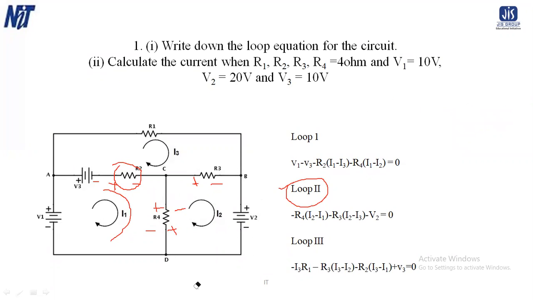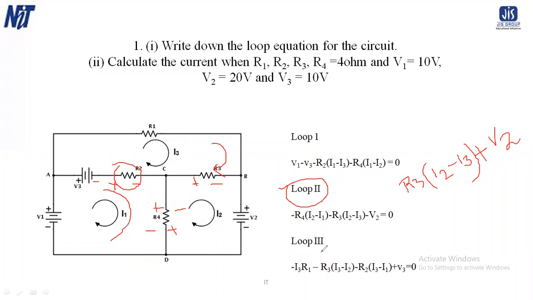Let me talk about the concept here. The first one is R3. So it will be I2 minus I3, because in this resistance I2 is flowing from plus to minus, but I3 is coming from the opposite direction. So it is minus I3. Then this current is going plus to minus, so this will be plus V2.